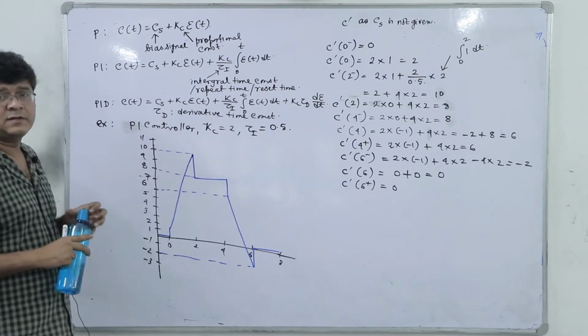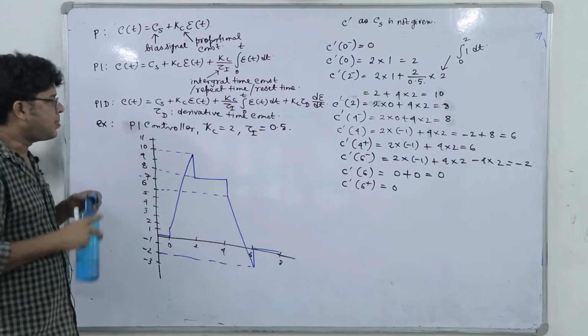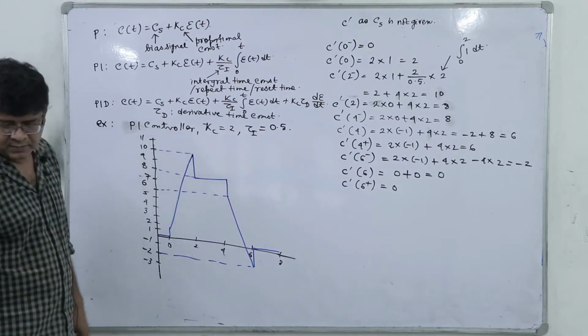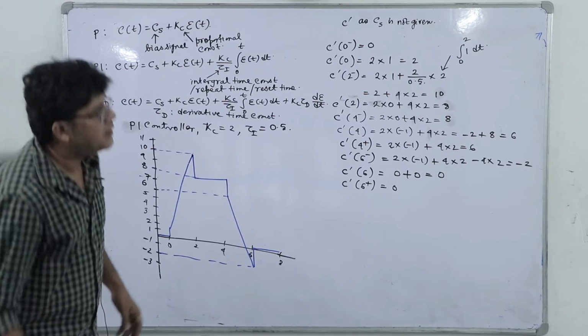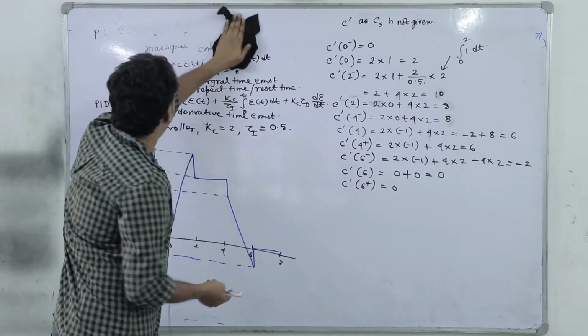So, it is a kind of demonstrative example by which we have solved the input output graphs of a PI controller. So, similar exercise we can perform for other different types of controller.